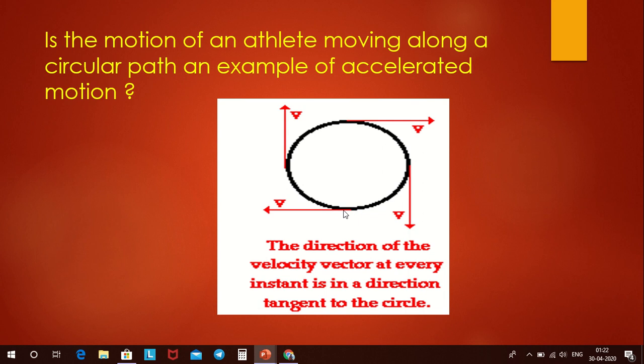It means there is acceleration. Right? So this way you have learnt a new thing, that uniform circular motion is an example of accelerated motion, because the object is moving with the same speed, means with constant speed, but at every point the velocity is changing.